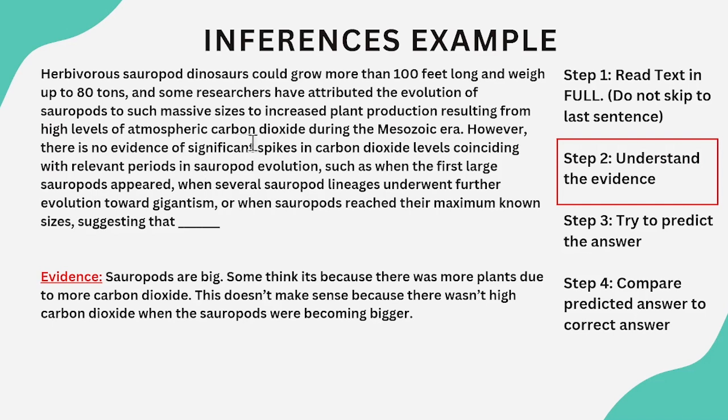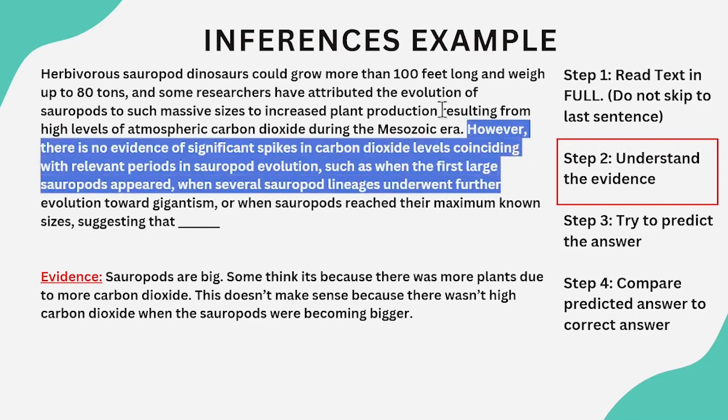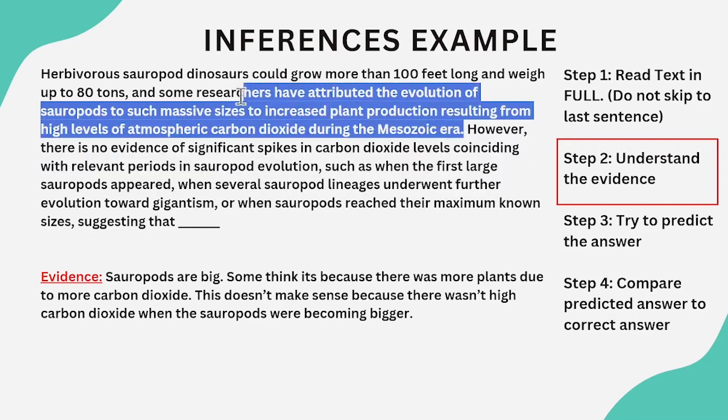However, there's no evidence of significant spikes in carbon dioxide levels coinciding with relevant periods in sauropod evolution, such as when the first large sauropods appeared, when several sauropod lineages underwent further evolution toward gigantism, or when sauropods reached their maximum known sizes, suggesting that, it's giving evidence against this claim right here.